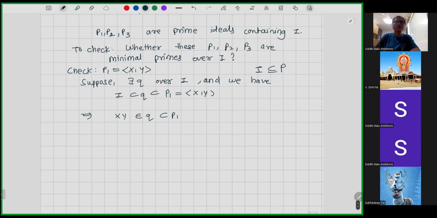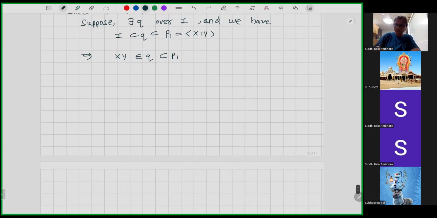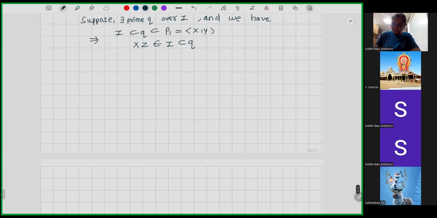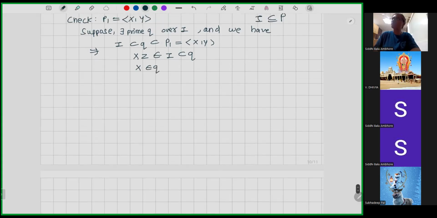Since xz belongs to I, which is contained in Q, and Q is prime, Q over I, this implies x belongs to Q. And again, we have yz belongs to I, which is contained in Q. This implies y belongs to Q, because Q is contained in P1.